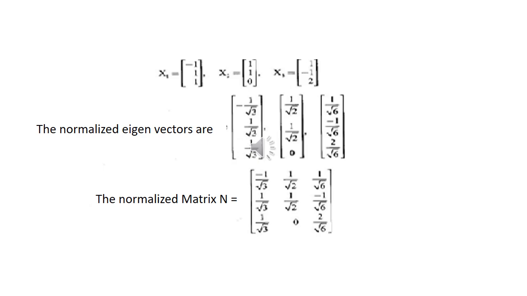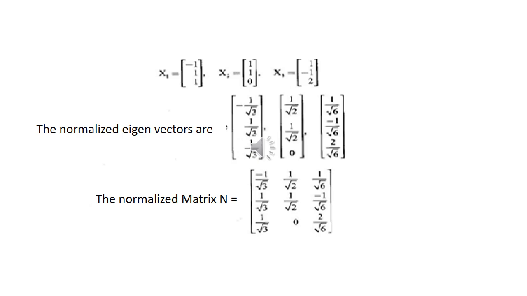First, we divide each element in x1, that is minus 1, 1, 1, by the square root of the sum of the squares of these elements, that is root of minus 1 square plus 1 square plus 1 square. Similarly for x2, the square root of 1 square plus 1 square, that is root 2.